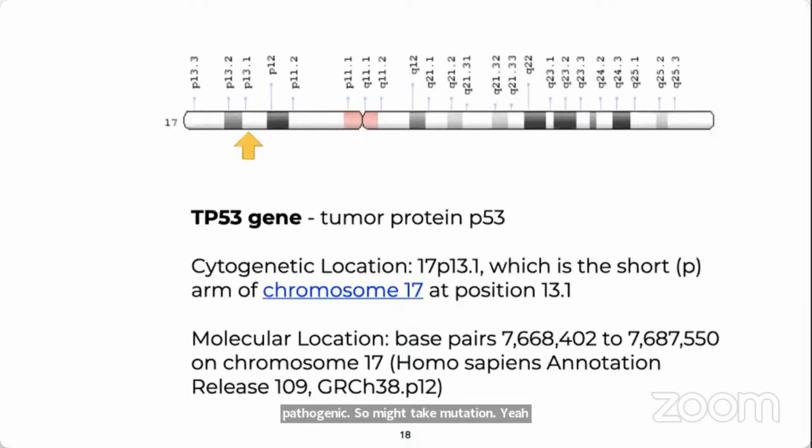So if you type the TP53 gene in COSMIC, it will list all the known variants and mutations that are known to be associated with tumor development. There are also other forms of annotation in the COSMIC database, which will annotate the mutations as potentially a driver, potentially a passenger, or of unknown cause, etc.